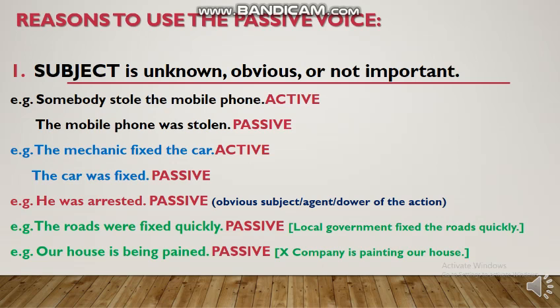Our house is being painted, so X company is painting our house. So it's not important who the subject is, because in the end the roads are fixed, okay, and we don't care who fixed them.